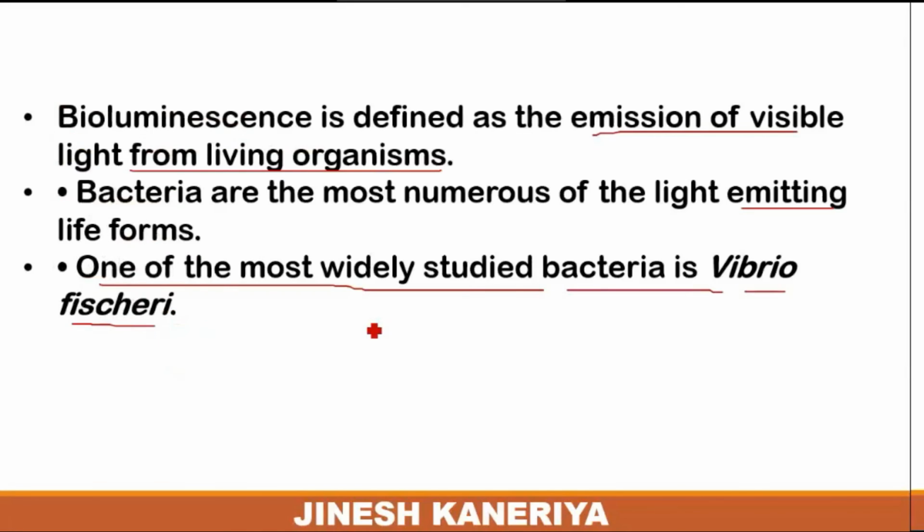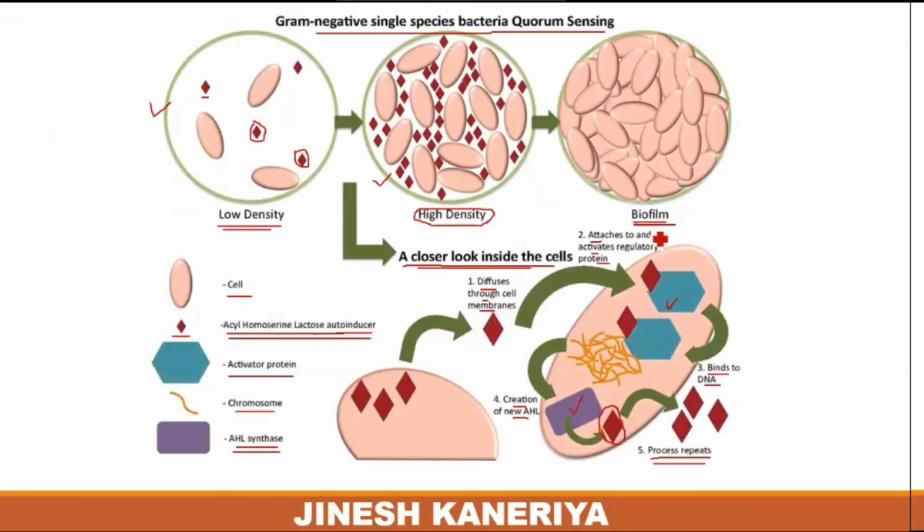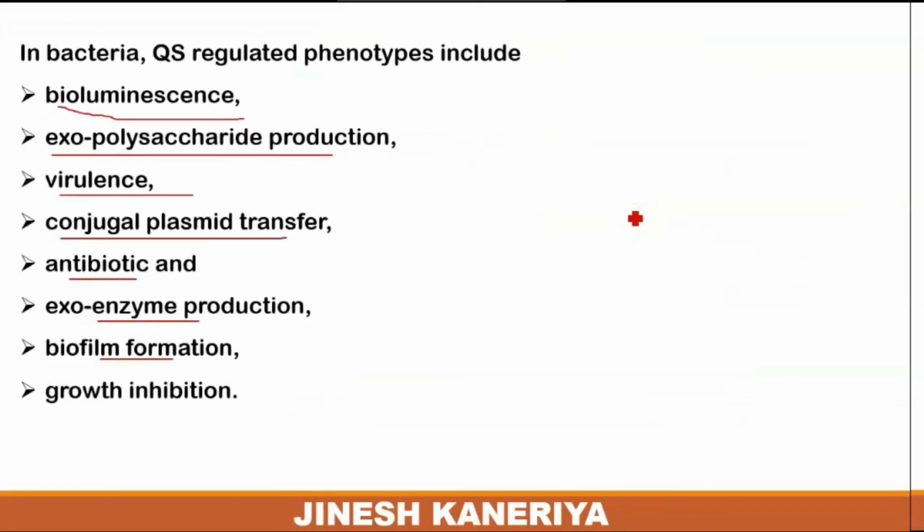We also discussed biofilm production via aggregation of the bacteria at a particular site. The bacteria concentrate at one site and then form the biofilm in that area. These are also applications of the quorum sensing mechanism. And the last one is growth inhibition, also an important character of quorum sensing.